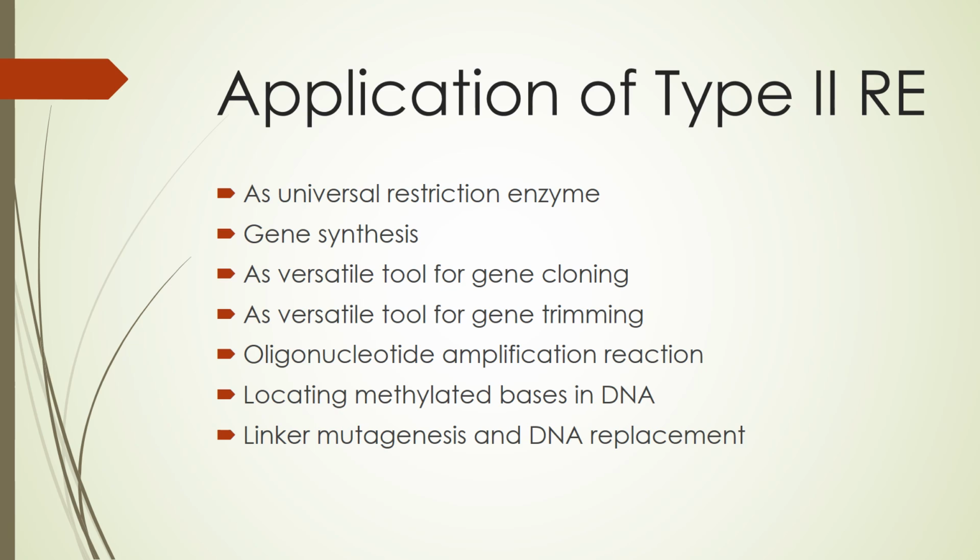Last is linker mutagenesis and DNA replacement. A cassette containing a type 2 restriction endonuclease site, a selectable marker, and which is amplifiable separately in a specialized vector, is placed in a linker area of a gene cloned in another specialized vector.